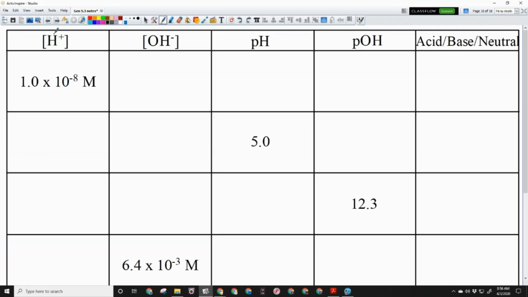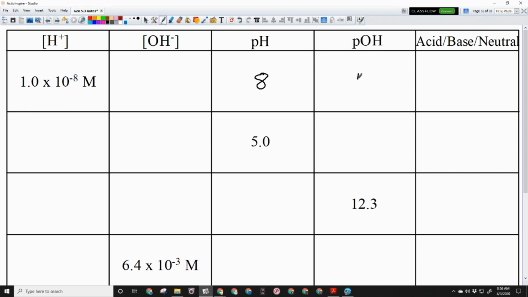All right, so here we're given the hydrogen ion concentration is 1 times 10 to the negative 8. If we know that, we can get the pH. Now remember what I said: if this is 1.0 here, then the pH is this exponent as a positive number. So the pH here is going to be 8. And if the pH is 8, 8 plus pOH is going to be equal to 14.